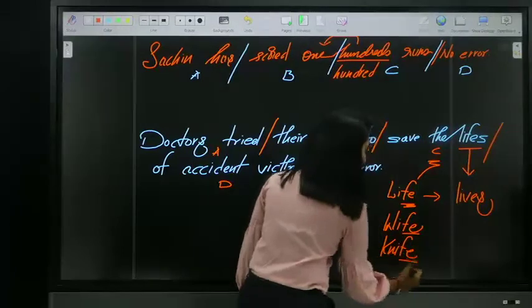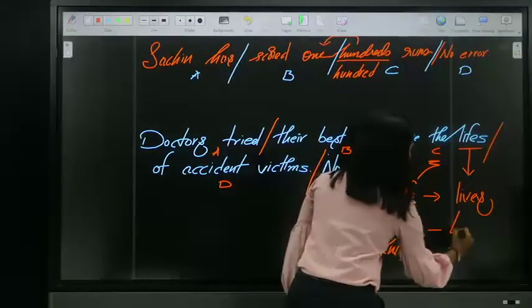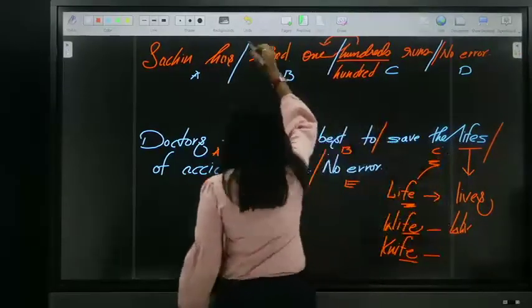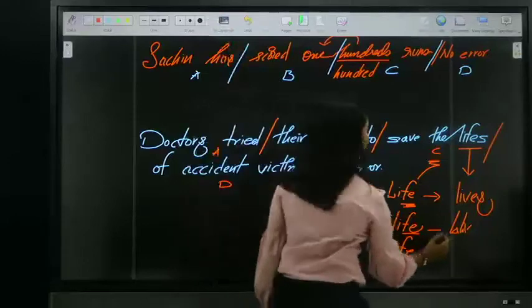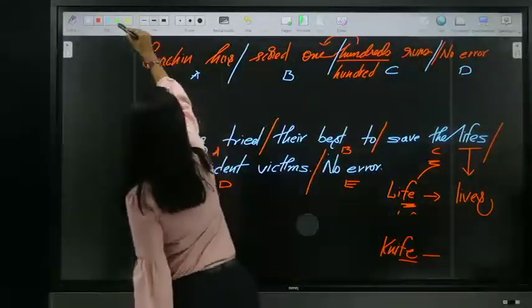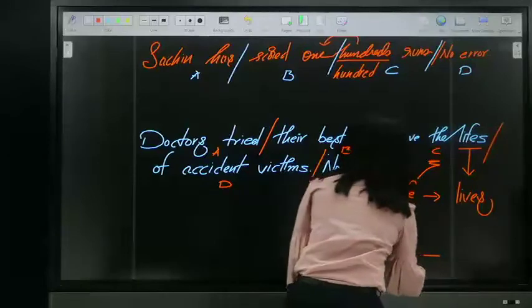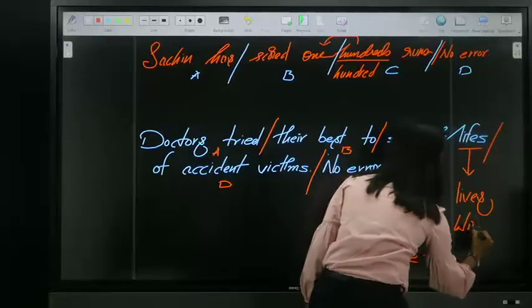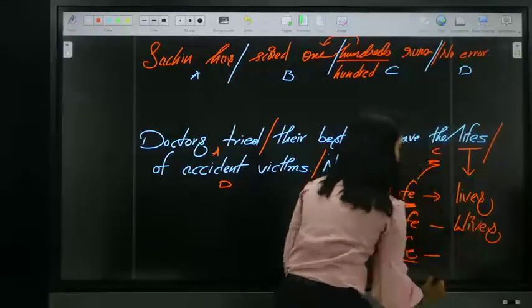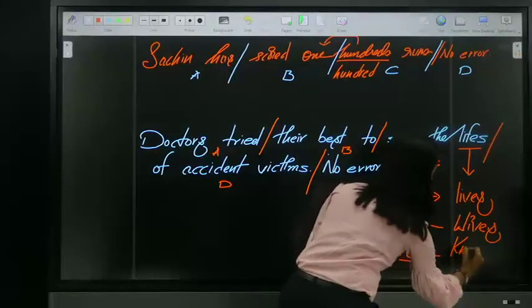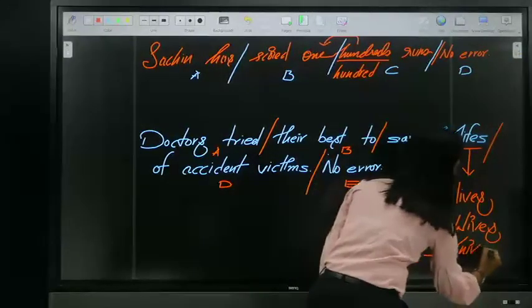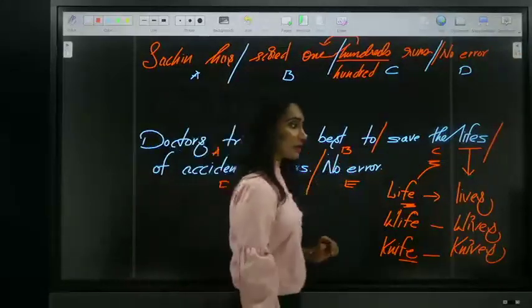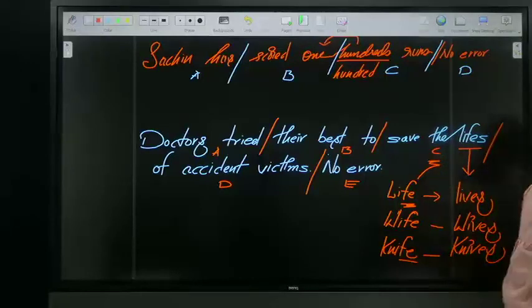These words end with fe, and fe is replaced with v before adding es. Wives. Knife, replace fe with v and add es. Knives. Right? So, this is the concept. Good that you remember. Now, let me give one more example.